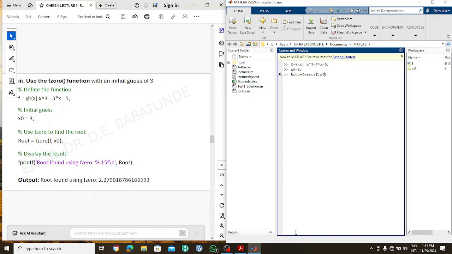So let's see if we have an outcome. It's saying the root is equal to 2.279018 and so on. You see, it's close to the values that we have obtained using the Newton-Raphson method and the second method. And this is fast.